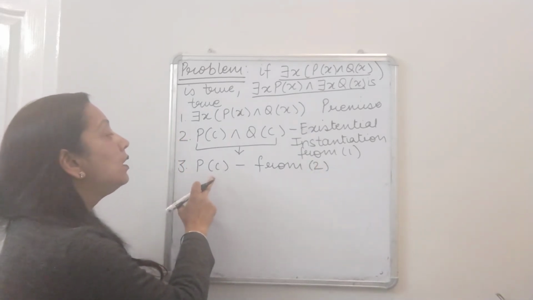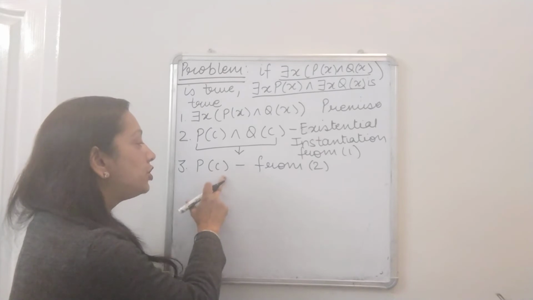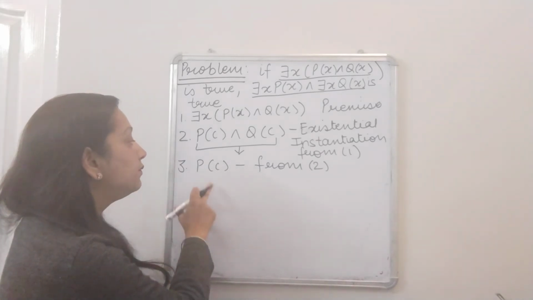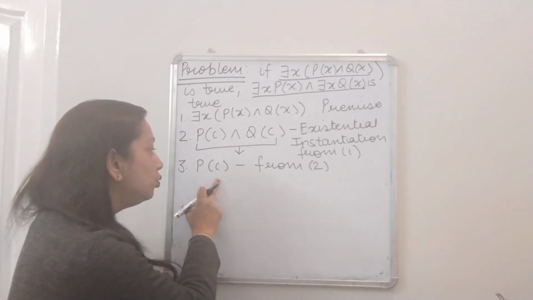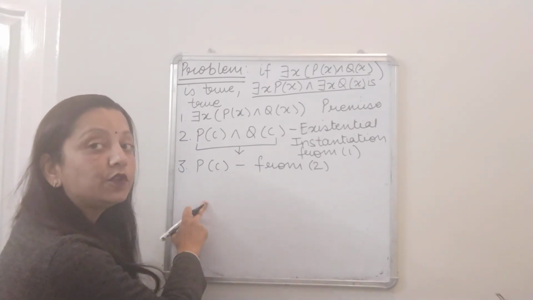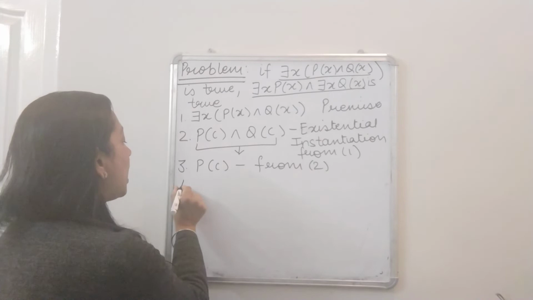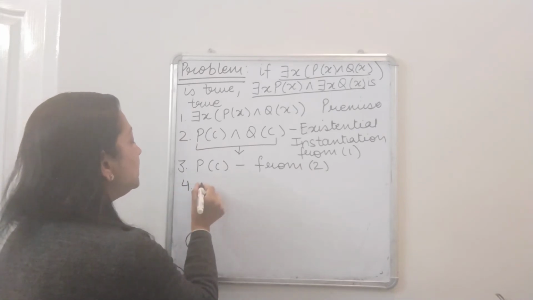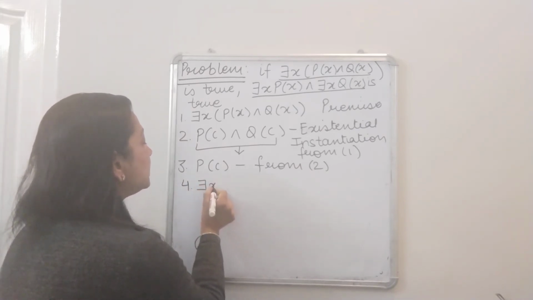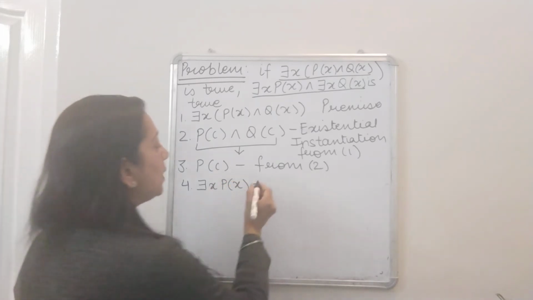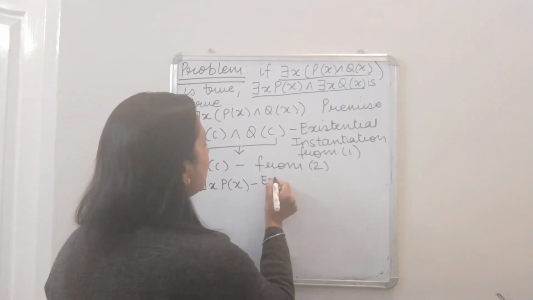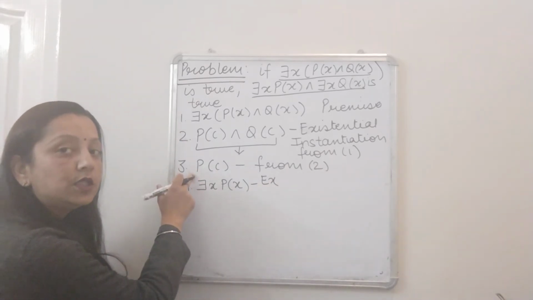Now I will apply existential generalization to the third premise, which says that if there exists some c for which P(c) is true, then there exists some x for which P(x) is true. So I will say that if P(c) is true, then there exists some x for which P(x) is true. So what have I done? I have applied existential generalization on my third premise.